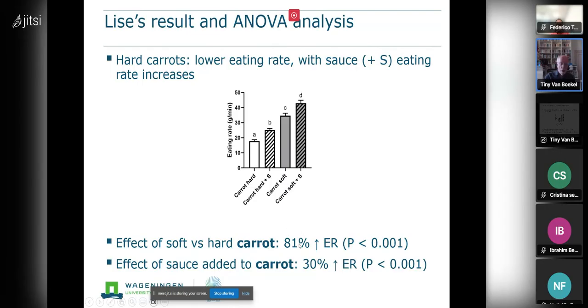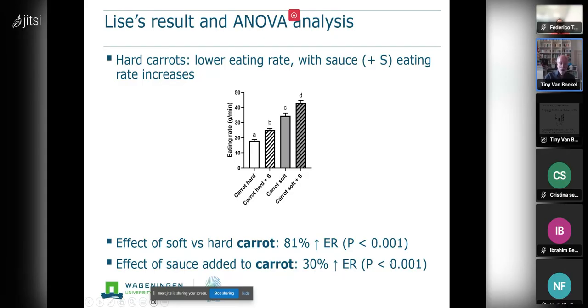So soft carrots are much, much faster eaten than hard carrots. This is not a strange conclusion, but that's what she also found with this ANOVA. And the p-value for that is very low, which means, again, the null hypothesis is there is no effect of soft and hard, but the p-value says, well, that is very unlikely. She also concluded that if you add sauce to the carrot, this increases the eating rate with about 30%.